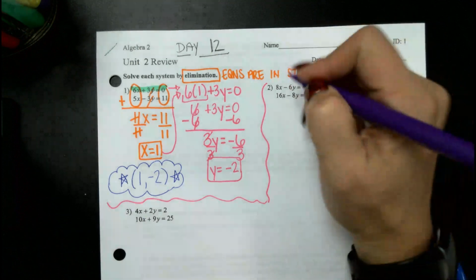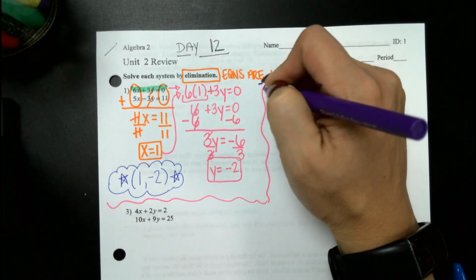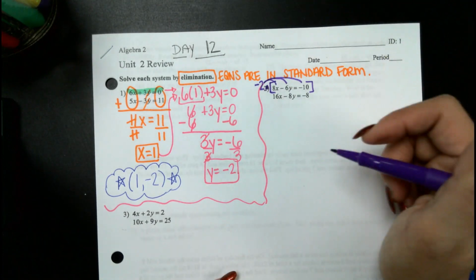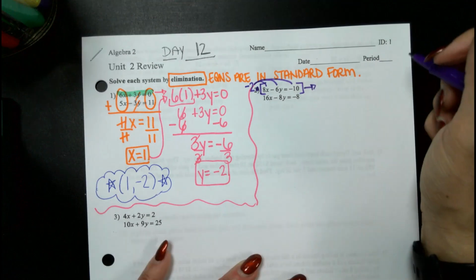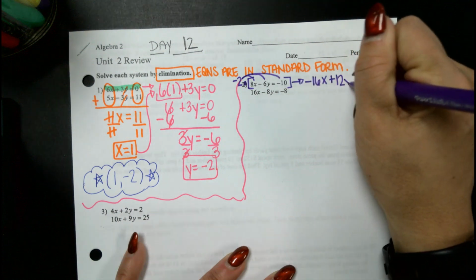Okay, so we are going to take this top equation and we're going to multiply every single term by a negative 2. So it's negative 2 to all 3 terms. So negative 2 times 8x is negative 16x, negative 2 times negative 6y is positive 12y.